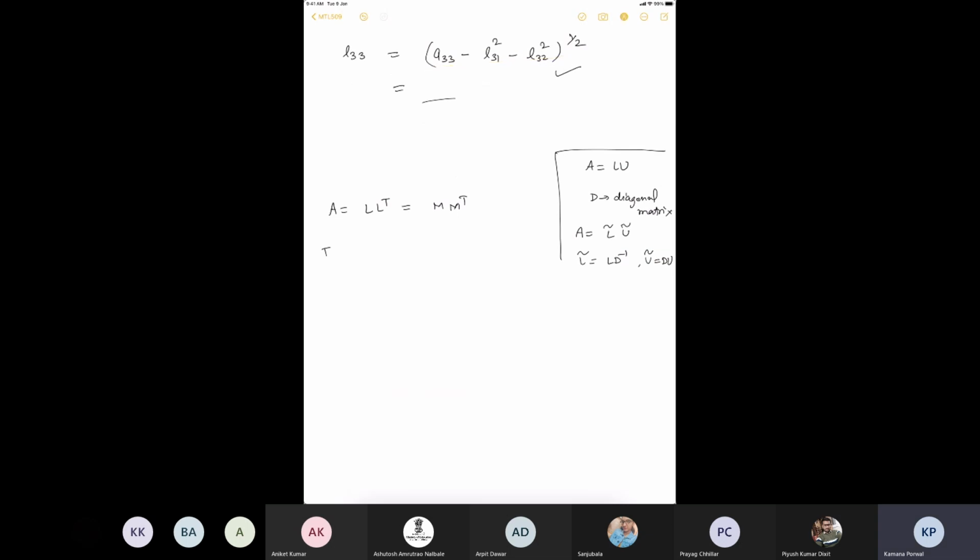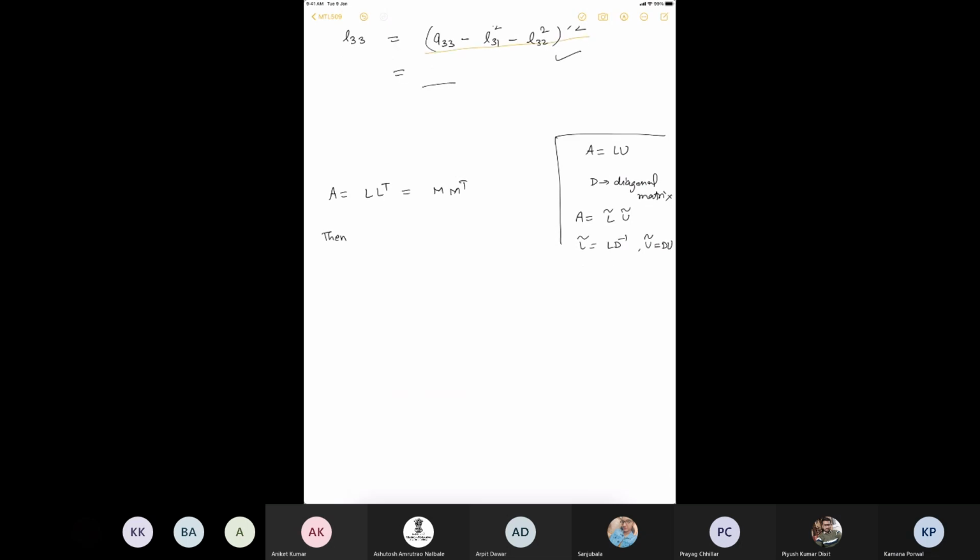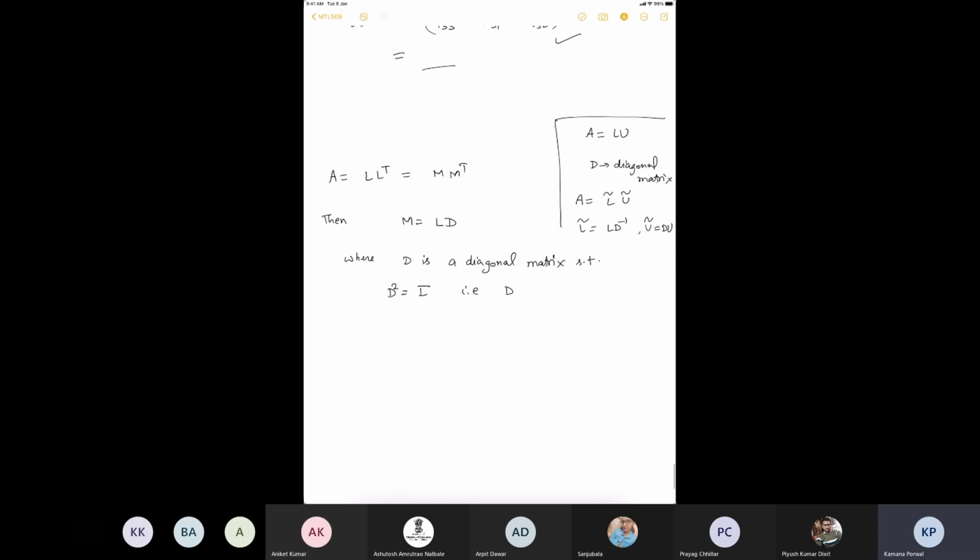Then we can prove that M is L times some diagonal matrix D, where D is a diagonal matrix with plus minus 1 in the diagonal entries.